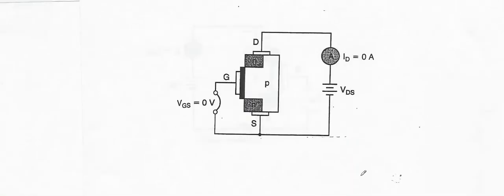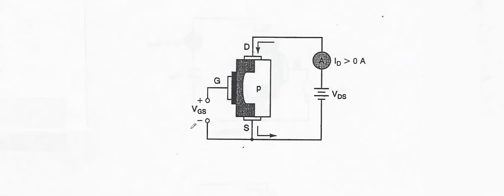And here is our E-MOSFET N-channel with 0 volts applied to the gate. Again, you could just do that by shorting the gate to the source. And you can see no drain current is going to be able to flow. The channel is completely shut just as it sits there. For an N-channel E-MOSFET, you can apply positive voltage to the gate.